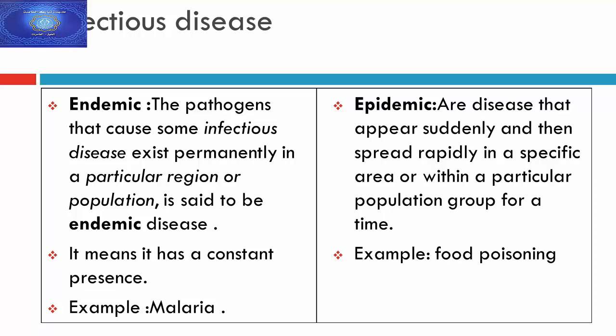World Health Organization. That we will explain in the next slides. An example is food poisoning. Food poisoning may occur in a special area among those who share a special kind of food, and after that it may or may not go further, that we don't know, but it spreads rapidly, one after another, within no time. So that case is known as an epidemic. So you have learned two terms here: endemic, example malaria; epidemic, example food poisoning. You have to write these terms and examples in your notebook.